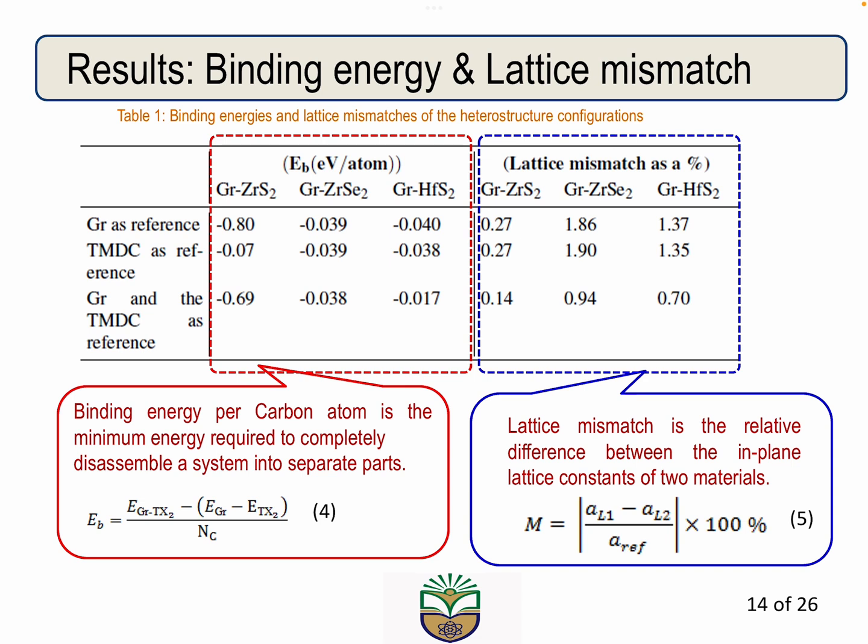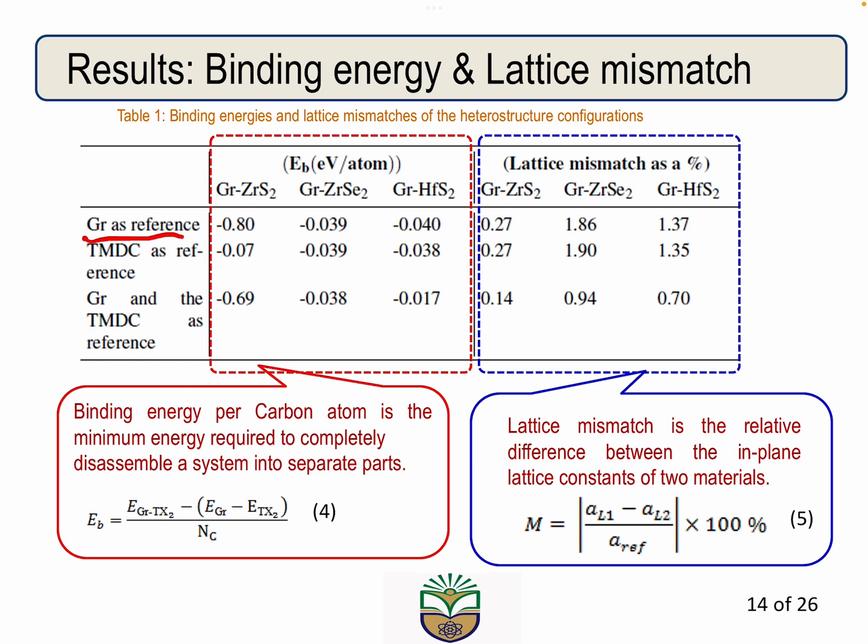Then after that, we needed to identify the lattice that we were going to use for our system, whether we were going to work with the lattice parameters of graphene as our reference, whether it would be those of the TMDC, or whether it would be an average of the two.